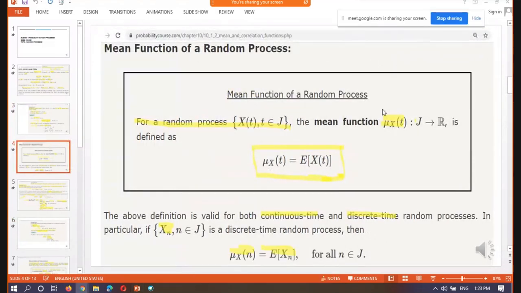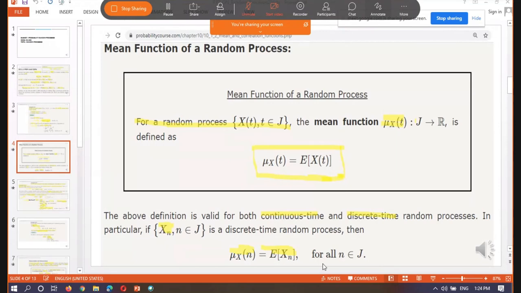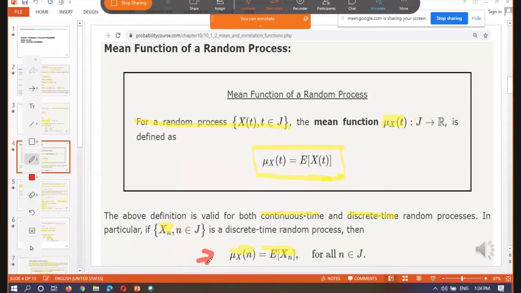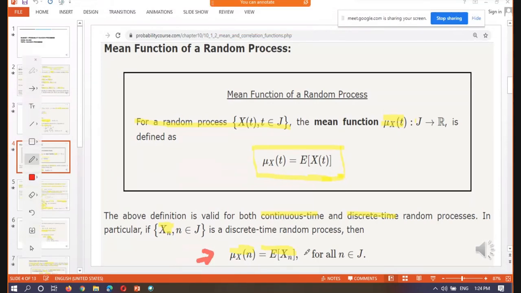Similarly, for the discrete case, we can write mu Xn equals expectation of Xn. So this is the way we denote it, because here we are assuming that J is a discrete set.